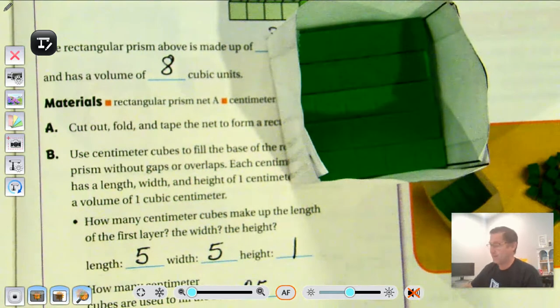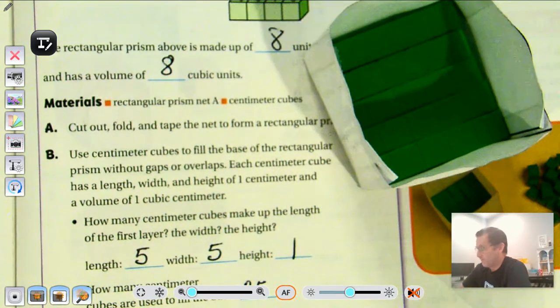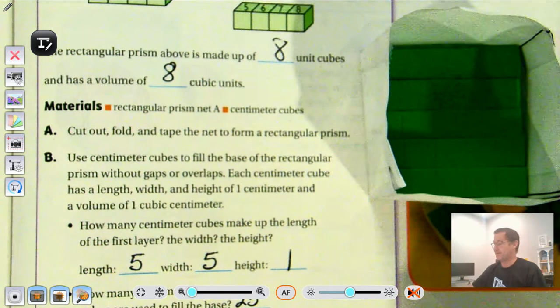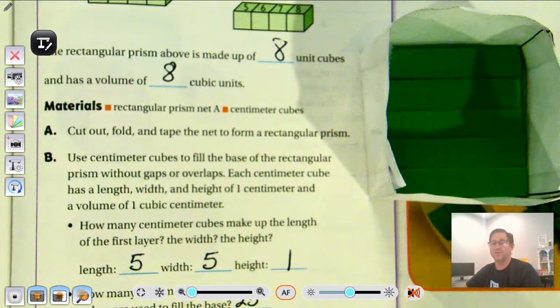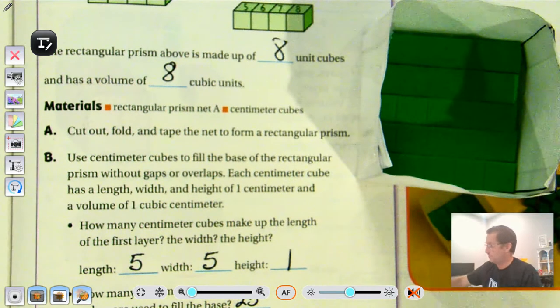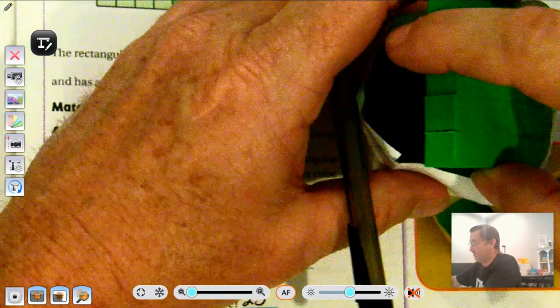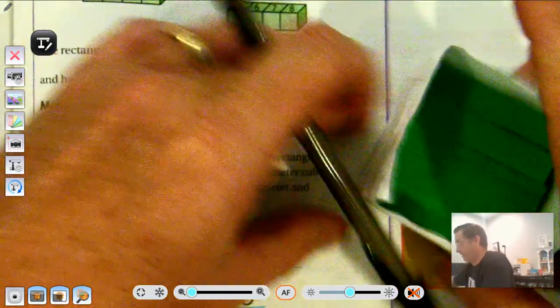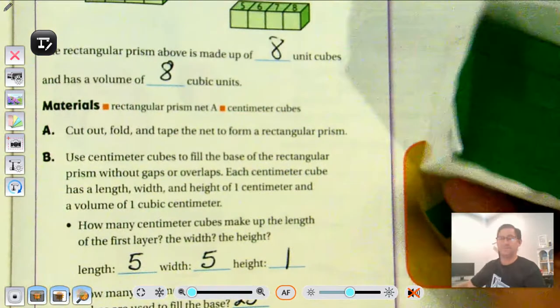Okay. Now, we're going to continue filling the rectangular prism layer by layer, and we're going to count the number of centimeter cubes used for each layer. Now, keep in mind, each layer is going to be 25 cubes. So if I put another set of 5 by 5, okay, so that's my second layer.